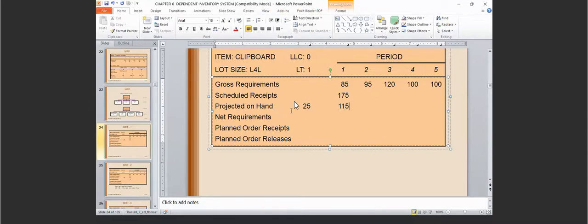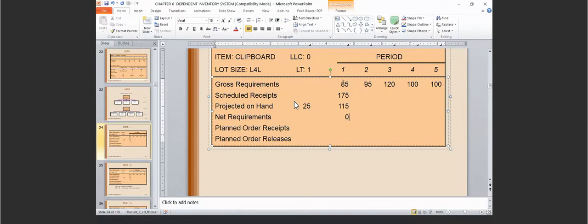And if our inventory is sufficient to support the gross requirement in period 1, the net requirement here will be 0. So we have already finished the planning of the material for period 1.